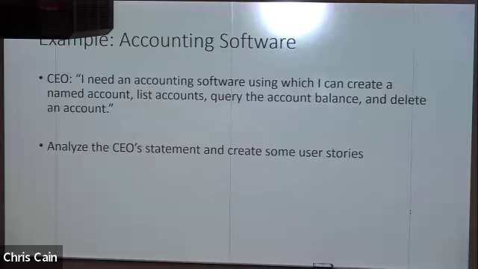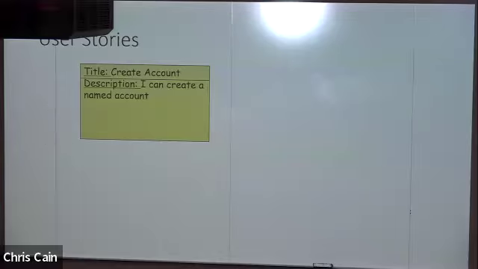The CEO comes to you and says, I need accounting software. And when I use it, I can create a named account, list the accounts, query the account balance, and delete an account. Some user stories for this might look something like: create account. It's a meaningful title. The description of it is, I can create a named account.